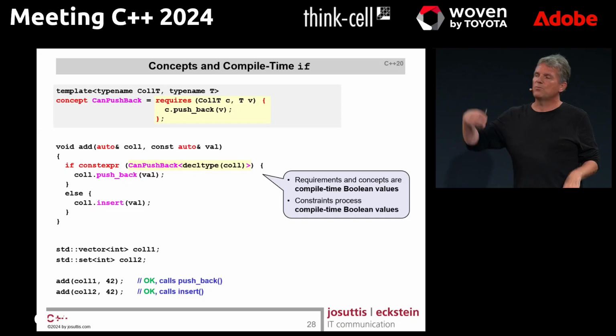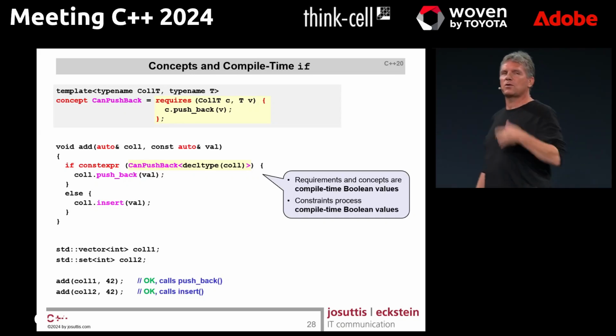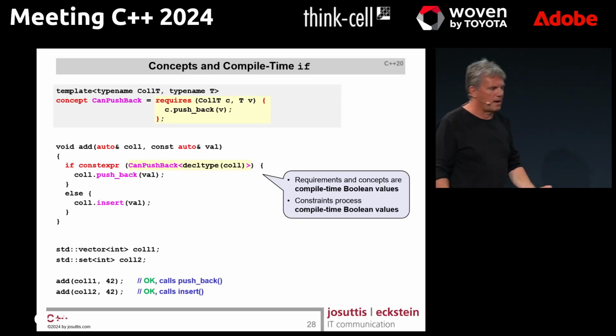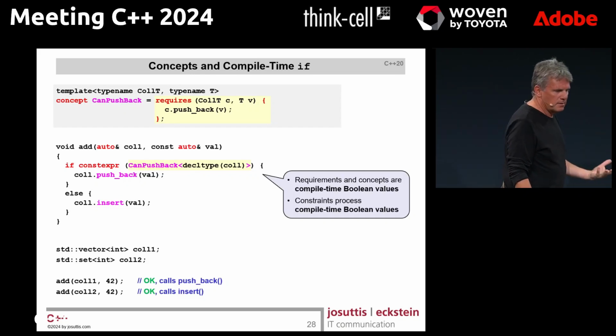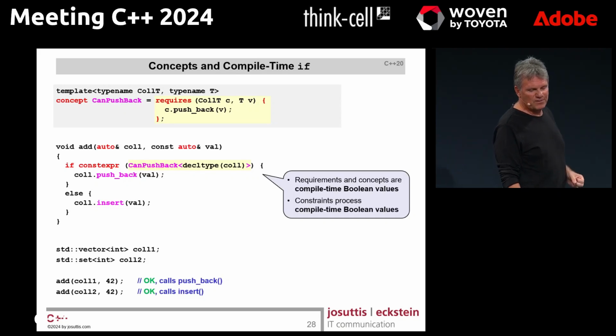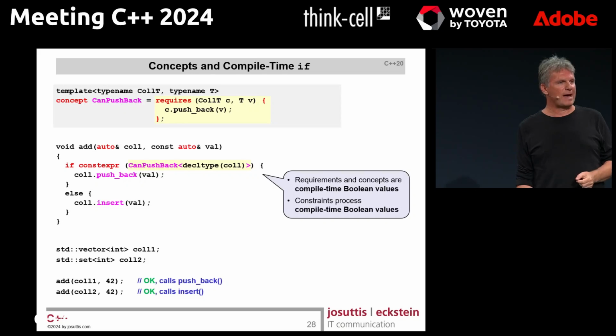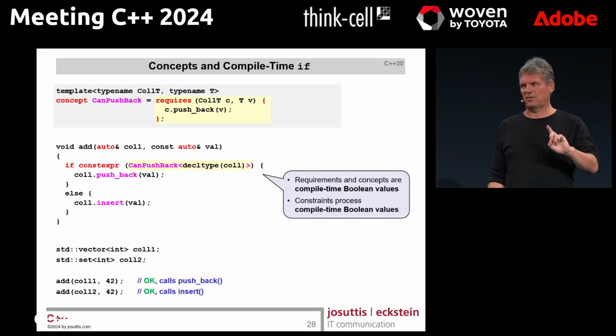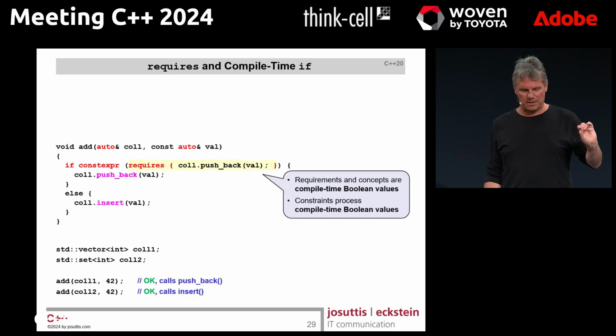So we write one function template, and then we use a compile-time if, introduced in C++17, to say, well, if the concept can push back is satisfied, then we call push back, otherwise we call that. But again, it's not necessary to introduce a concept here. You can write it that way.